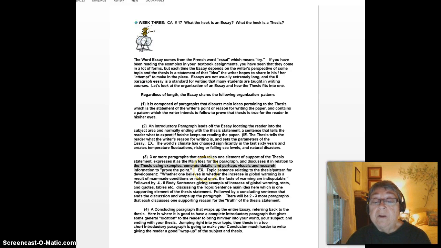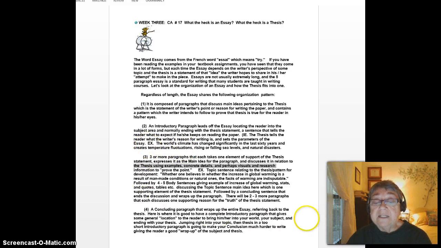So here's the example of the topic sentence that relates to that thesis that we just did. Whether one believes the increase in global warming is a result of man-made conditions or natural ones, the facts of warming are indisputable. Where are we going? We're going right up here to number 1, aren't we?